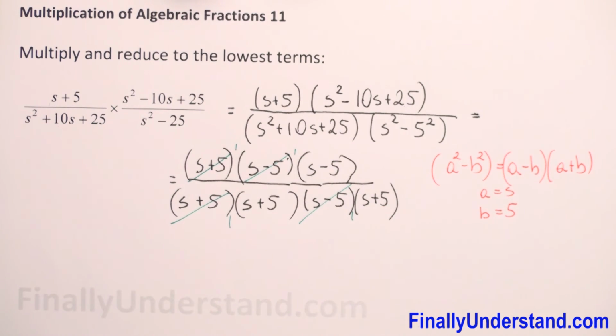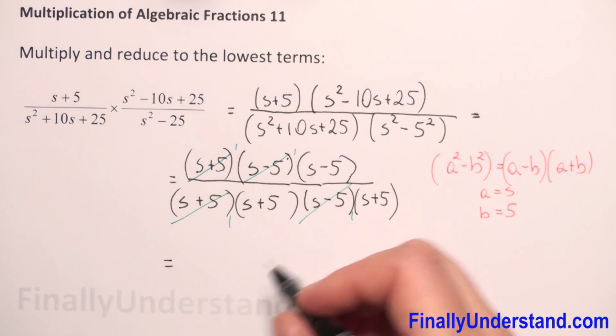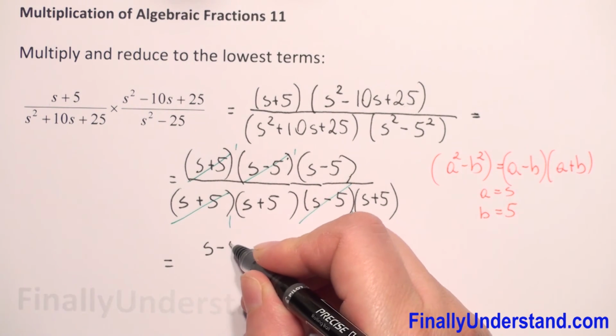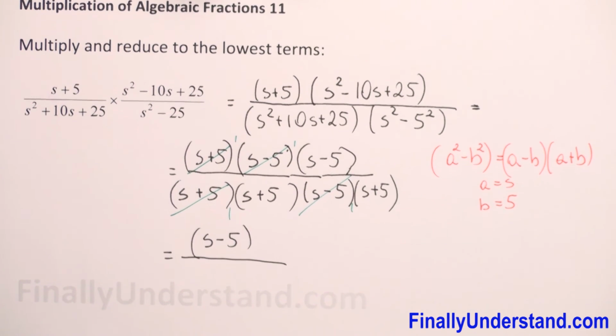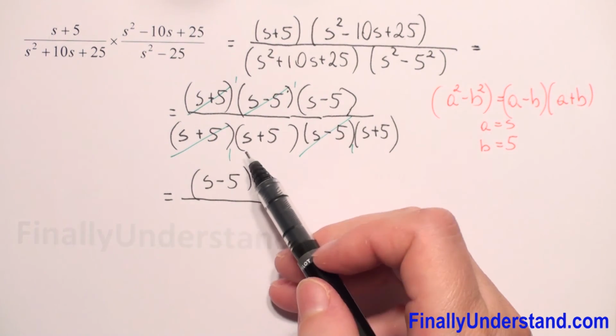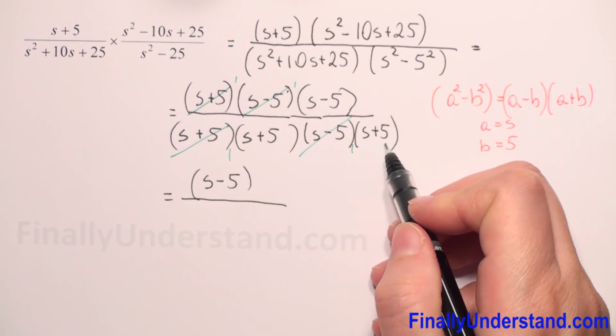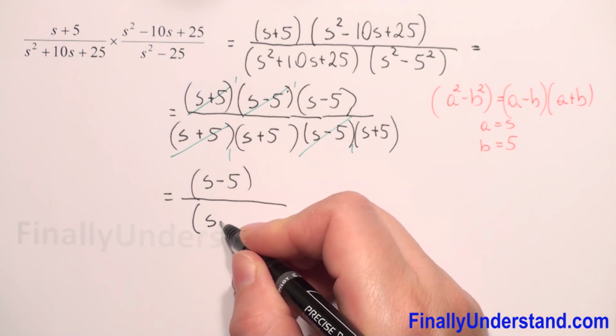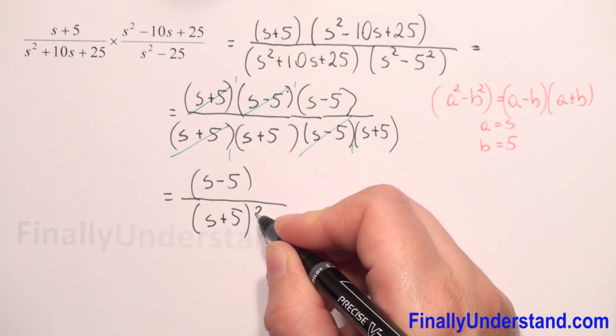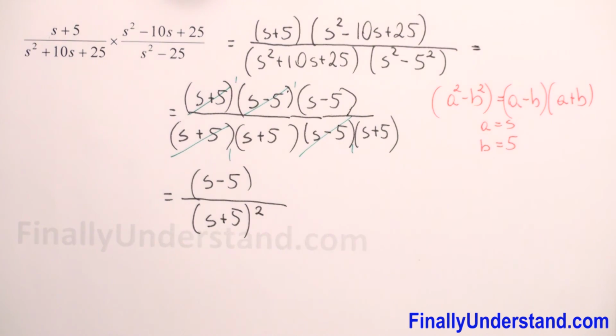So now when we multiply, 1 times 1 will be 1. 1 times s minus 5 is s minus 5, and in the denominator we have 1 times s plus 5 times s plus 5. The same expression in parentheses, so we will have s plus 5 to the second power. This is my solution.